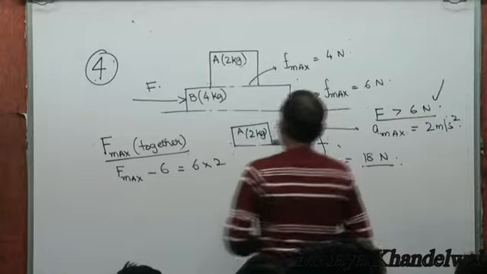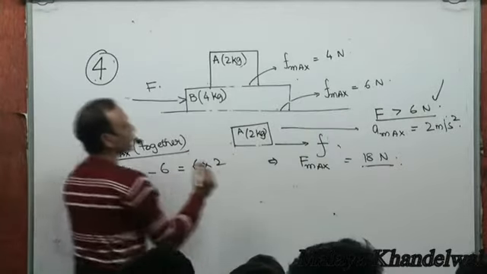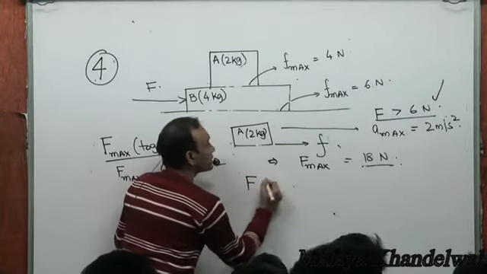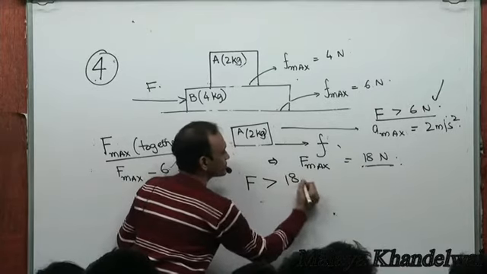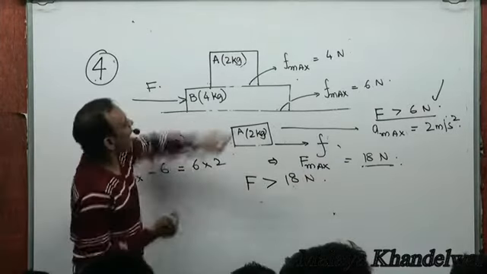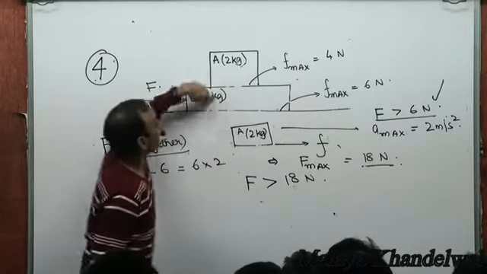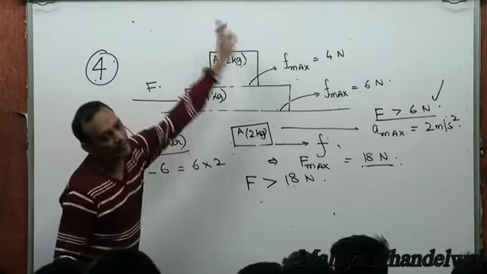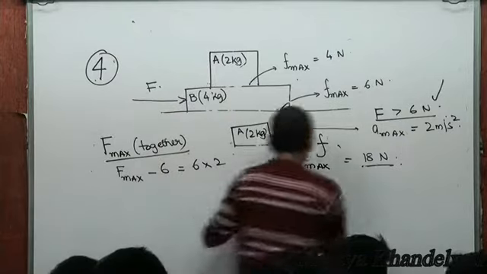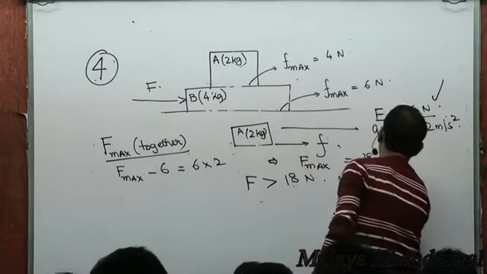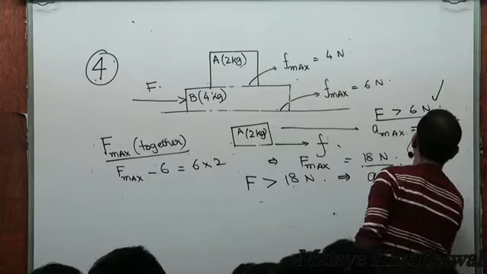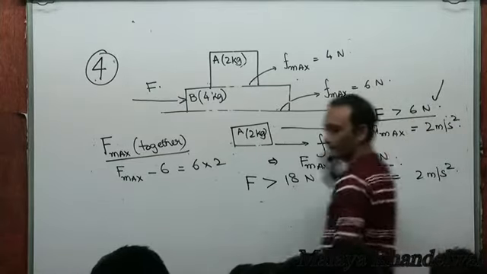Now, when F becomes larger than 18 newtons, what happens to the frictional force acting on A? It remains 4 newtons. So what happens to the acceleration of A? It remains 2 meters per second squared. So for any F greater than 18 newtons, the acceleration of A will remain 2 meters per second squared.